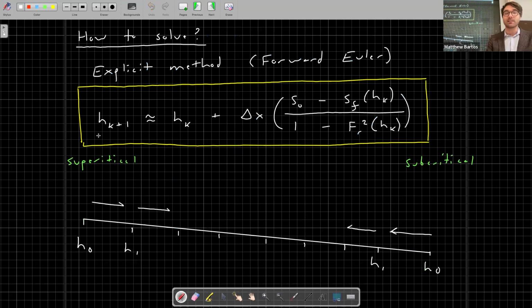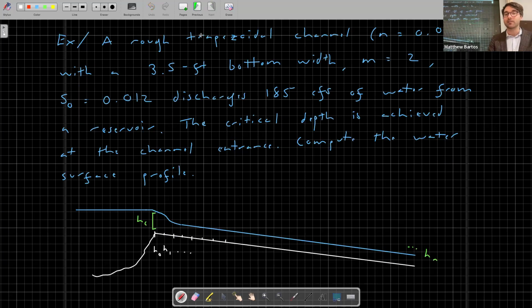We have that the depth at the next spatial step is equal to the depth at the current spatial step plus this term here, where the friction slope and the Froude number are evaluated at the current spatial step. So let's start at H0, the point where the critical depth is achieved at the upstream end.